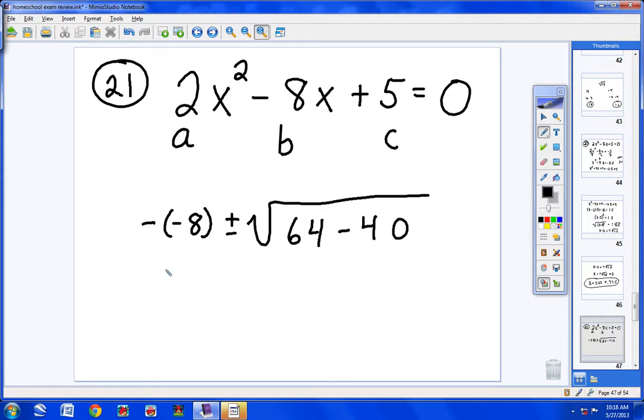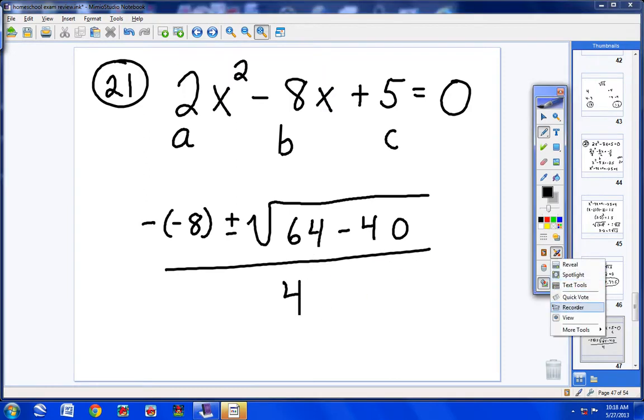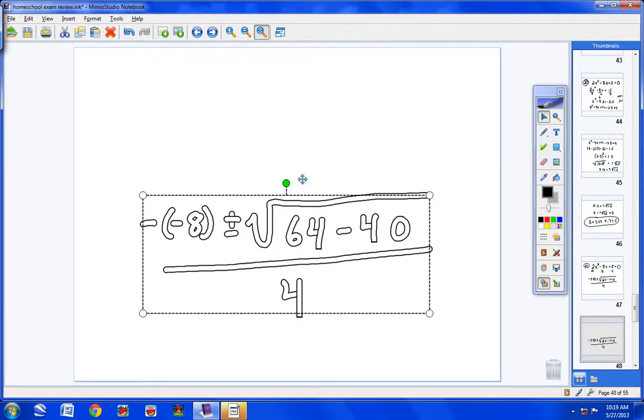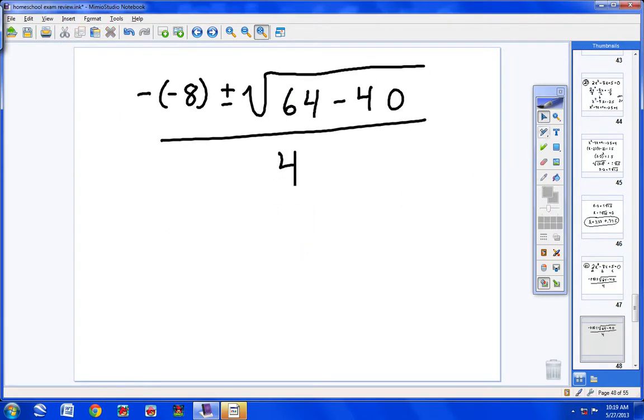I'm going to stop in a second, okay? All over 2a. 2 times 2 is 4. Now, let's go ahead and do a little simplifying here. What you should have now would be a positive 8 plus minus the square root of 24 all over 4.